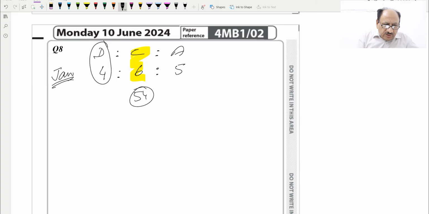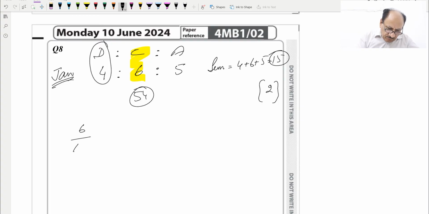The company makes in Jan. This is a 2 marks part which we have to do. We know that the sum of ratios is equal to 4 plus 6 plus 5, which is equal to 15. So we can write 6 over 15 of X is equal to 54.